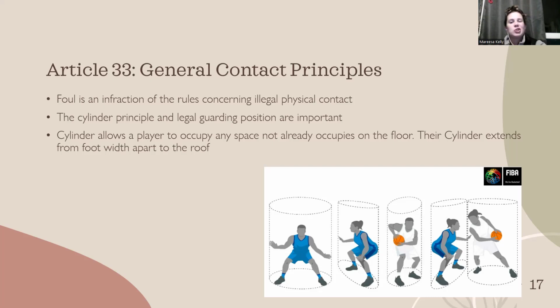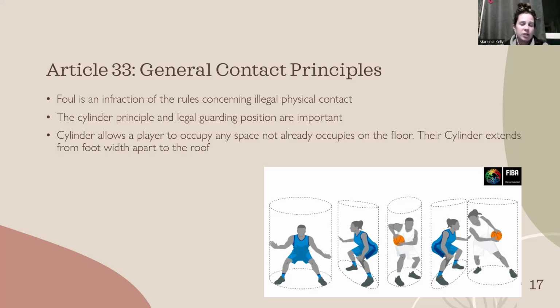You are entitled to a spot on the floor as long as it is not already occupied by another player. And the cylinder extends from essentially feet shoulder width apart up in a cylinder around you, all the way to the ceiling, all the way to the floor.